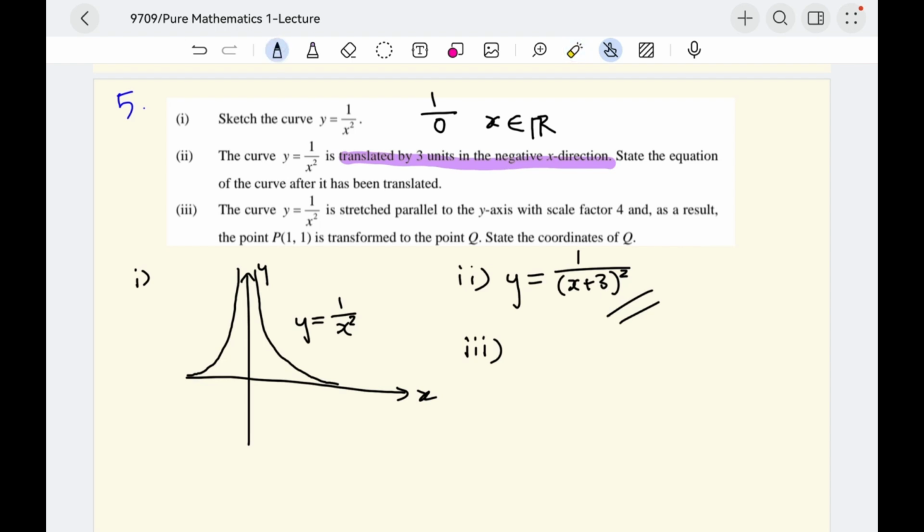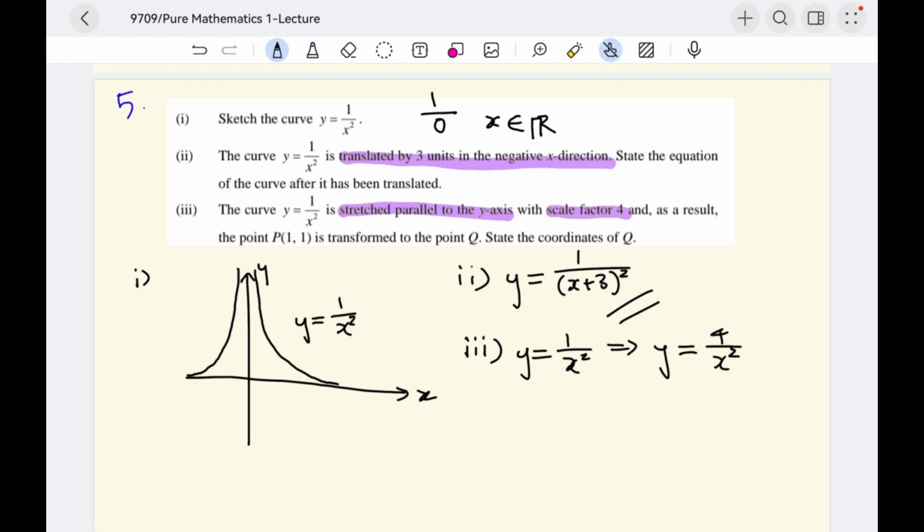So let's start from y equals 1 over x squared. What is the transformation? It is a stretching, right? Stretch parallel to the y-axis with scale factor 4 means that you just multiply the entire f(x) by 4. This is the new transformed equation from the original curve.